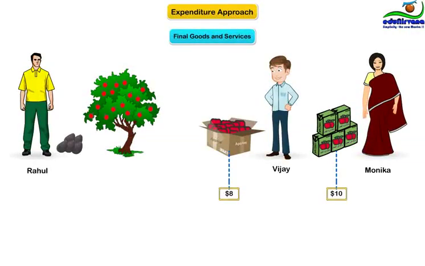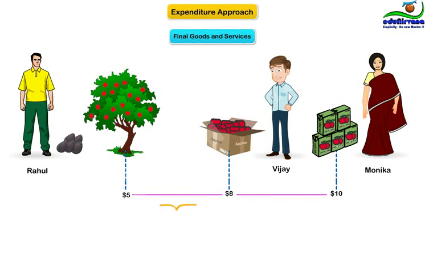How? If we count both Monica's purchase of the apple juice, $10, and Vijay's purchase of the apples, $8, we count the purchase of the apples twice. Once when the apples are purchased by Vijay and once when the apples are converted into apple juice.